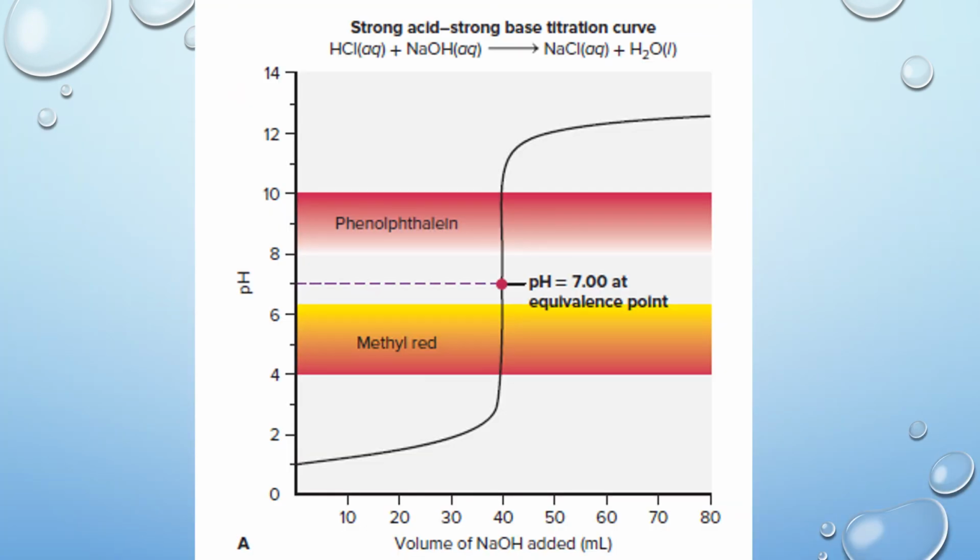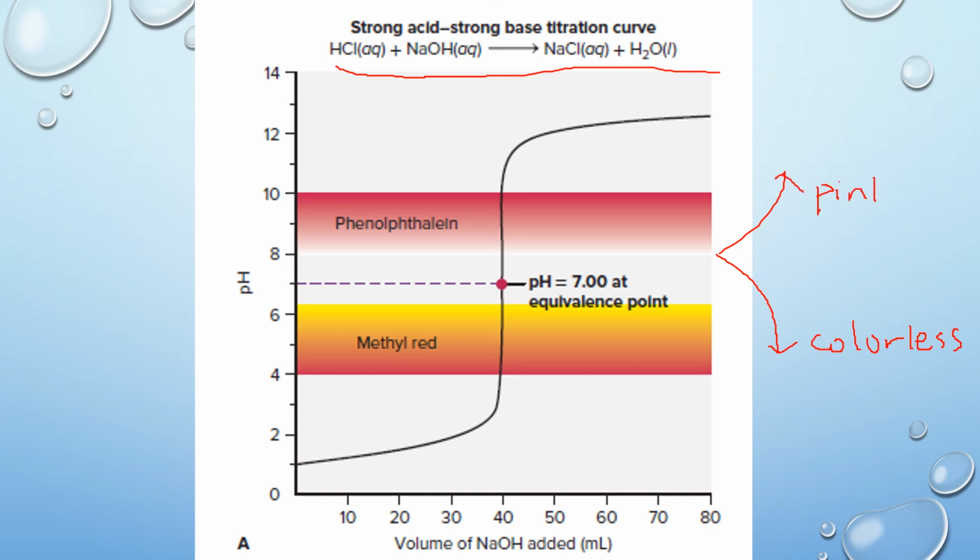For example, this is the strong acid and strong base titration, so that's what we did in the lab. We chose phenolphthalein as a pH indicator. Notice that for this pH indicator, it is colorless when the pH is below 8, and it is pink when the pH is above 8.